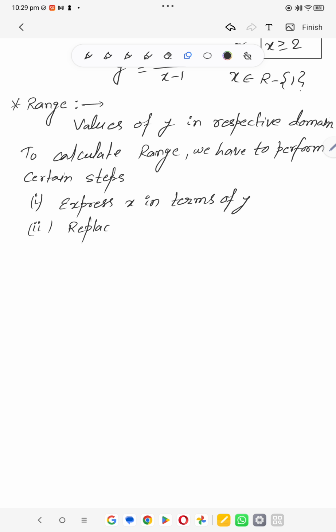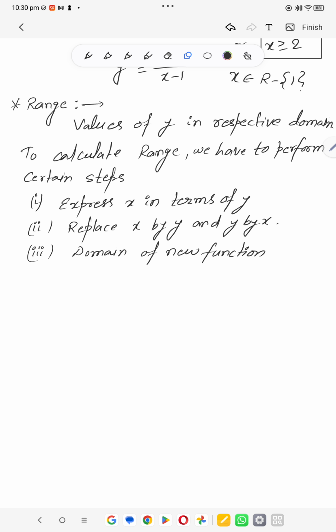Then replace x by y and y by x. Now step 3 is the domain of the new function will be the range of the old function.